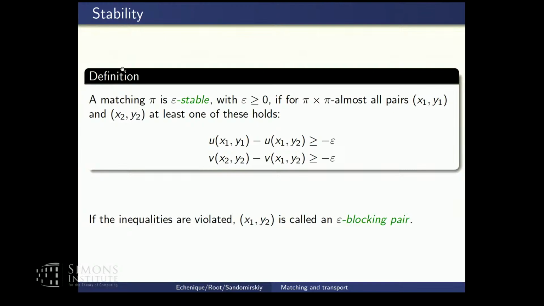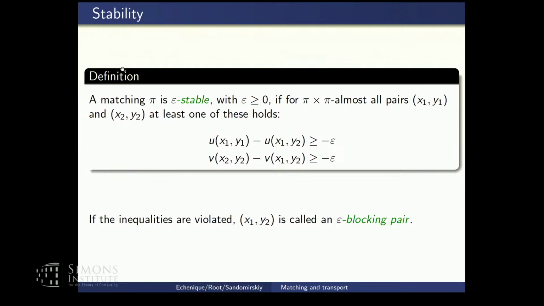And what would it mean for it to be a blocking pair? It would mean that x1 gets higher utility with y2 than with y1, and y2 gets higher utility with x1 than what they get with x2.